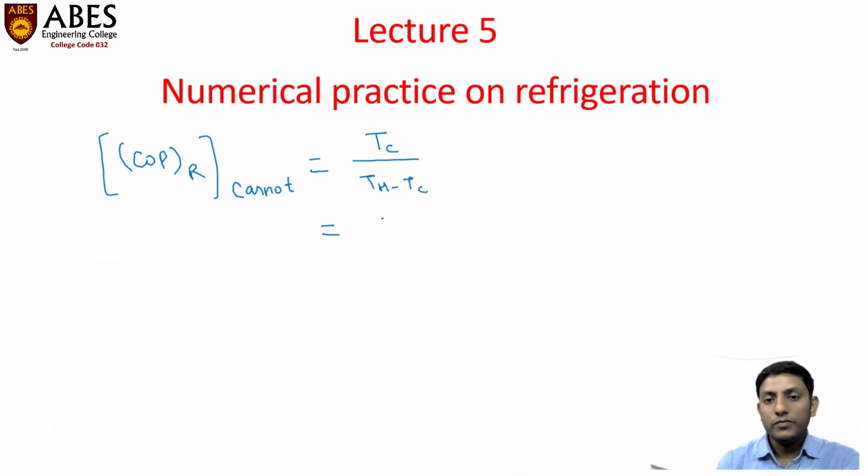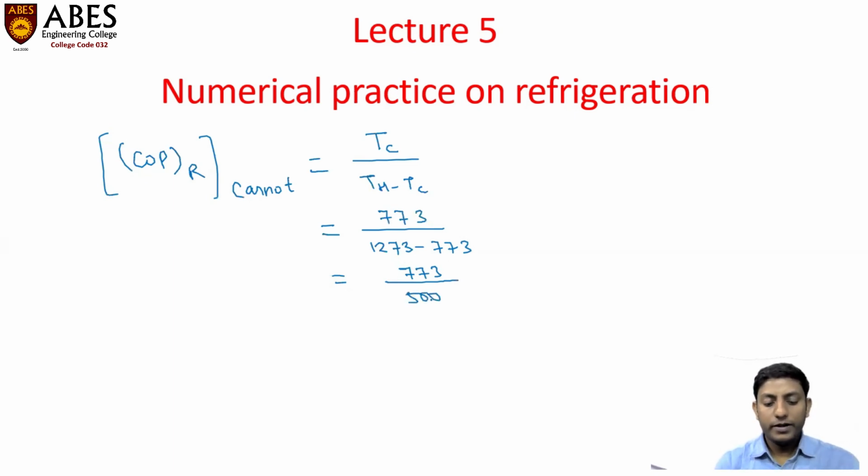So this value will be equal to 773 divided by 1273 minus 773, which would be equal to 773 divided by 500. If I divide it, then I would get 1.546.